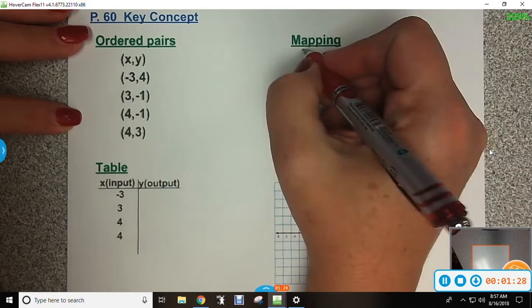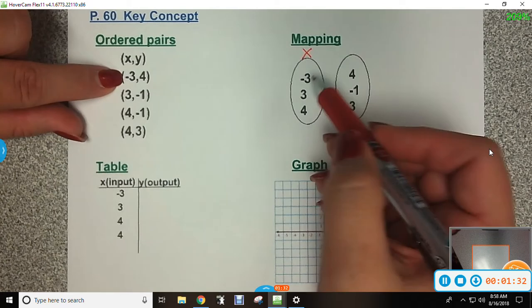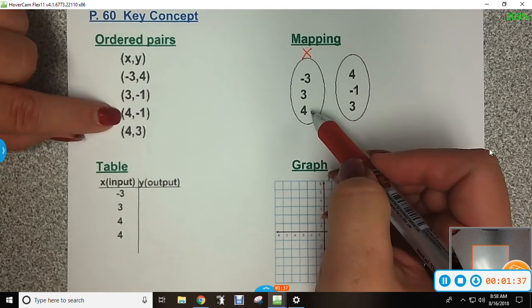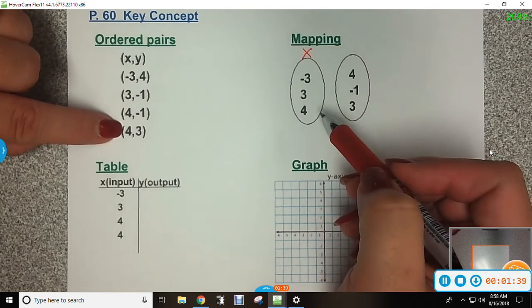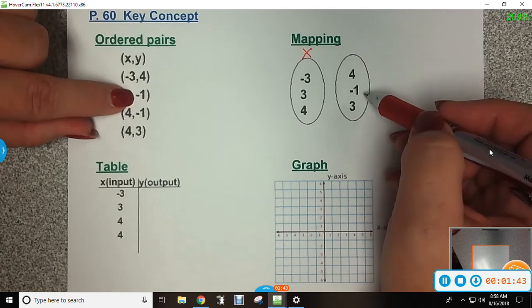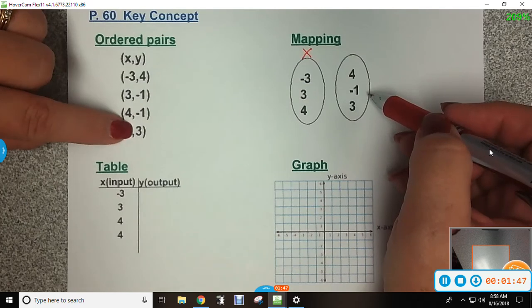These are my x values. If you'll notice, my x values are -3, 3, 4, and then I have another 4, but I don't have to list it again. My y values are 4, -1, there's another -1, don't have to list it again, and a 3.